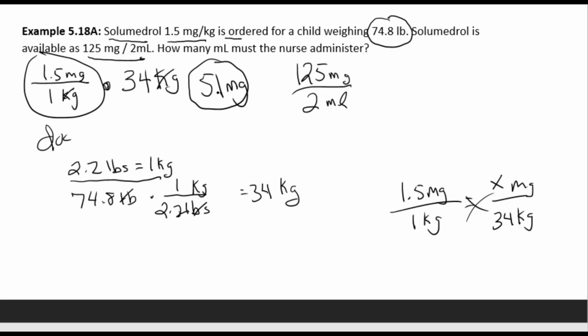They don't administer the active ingredient, they administer the solution, which contains the active ingredient. So in this case, I am going to say it's 125 milligrams for every 2 milliliters. So therefore, if the patient needs 51 milligrams, then how many milliliters should I administer?